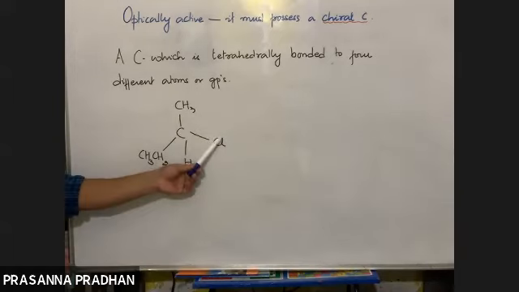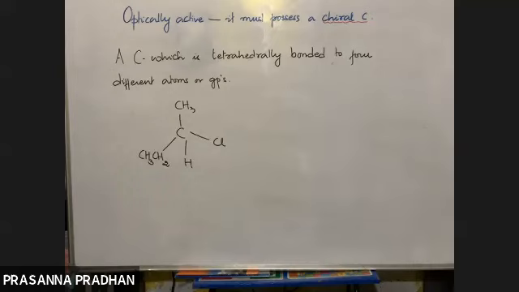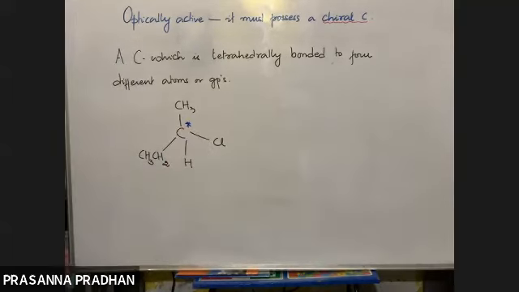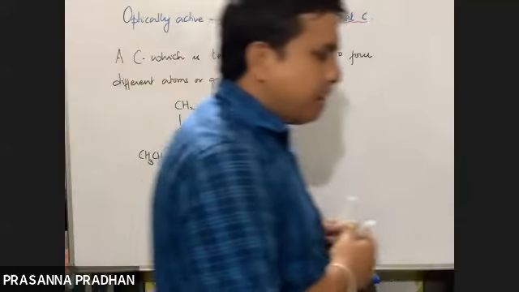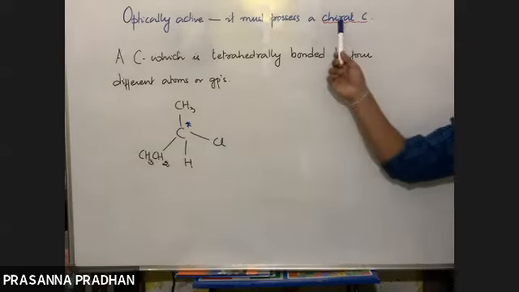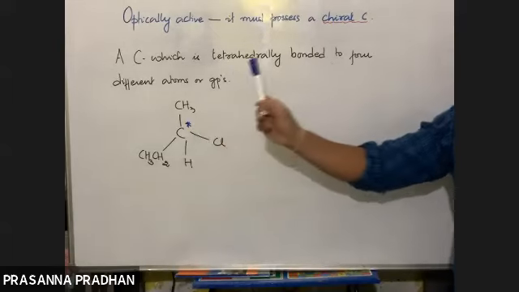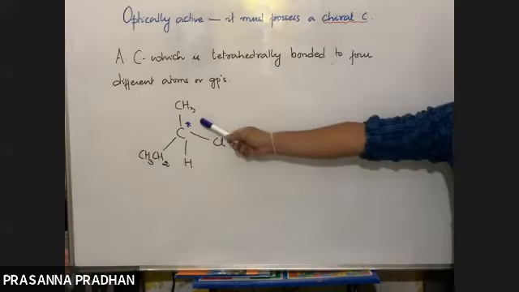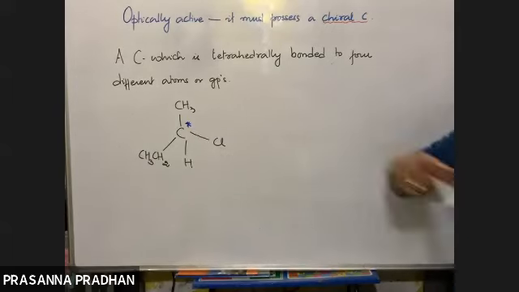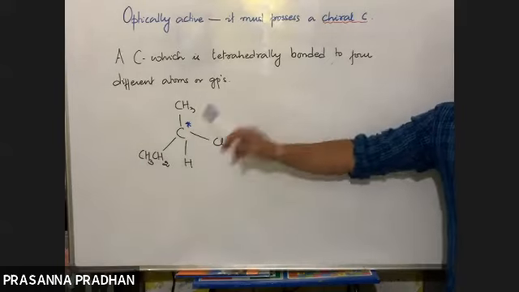Such a carbon is a chiral carbon. So this molecule can be optically active, since it satisfies the condition: it possesses a chiral carbon. Molecules which possess a chiral carbon are known as asymmetric molecules.